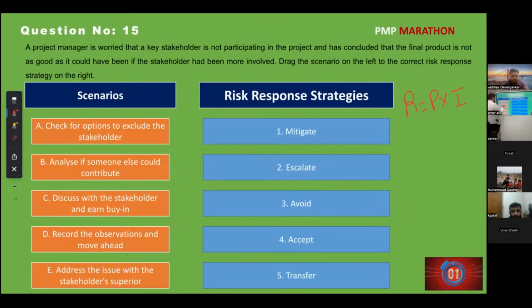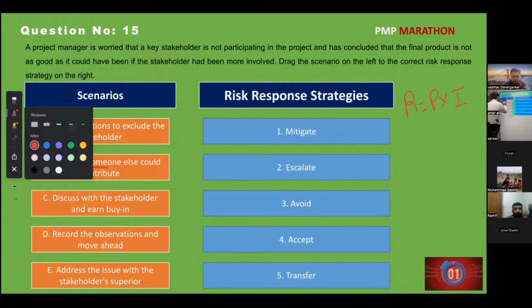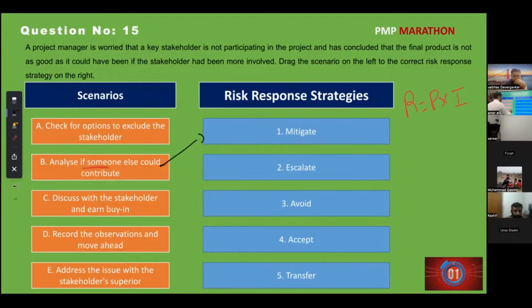Record the observations and move ahead. I'm not doing anything, I'm just recording it. I'm delaying it. I'm kind of avoiding it. So D, go with option 3 probably.